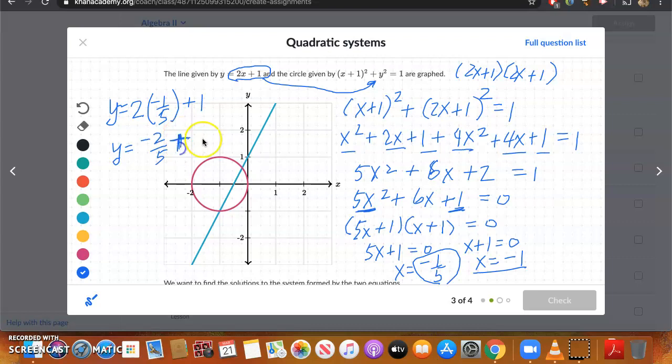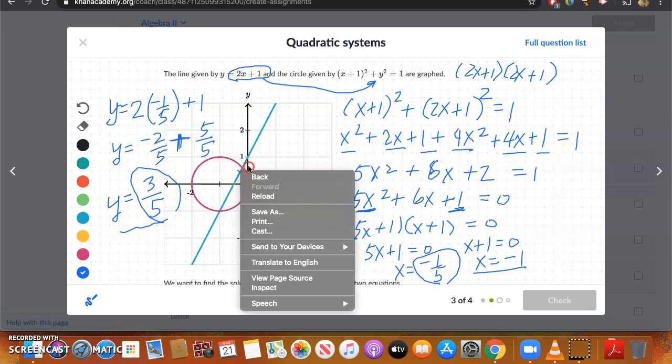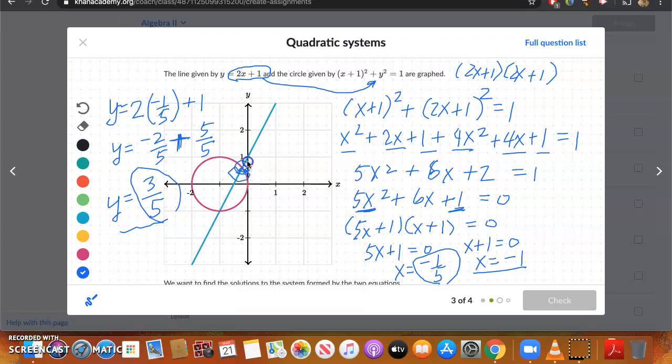That's an addition, by the way. So this is going to be 5 over 5. Now if I add the numerators, I'm going to get y is equal to 3/5. And there's my y coordinate right there. So my x coordinate is here, and my y coordinate is here, and that is this point right here that we're talking about.